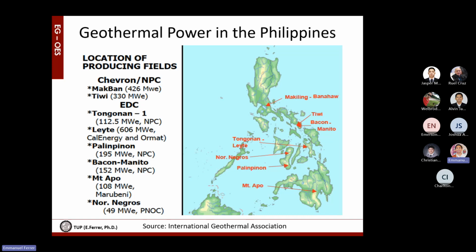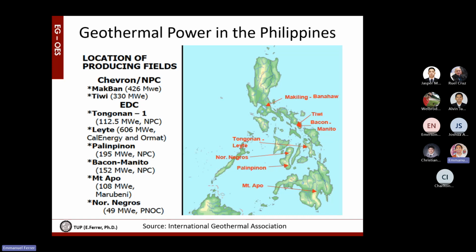So mostly they are located in areas with active volcanic activity, because the magma is actually needed to generate steam underground. So you need a heat source.